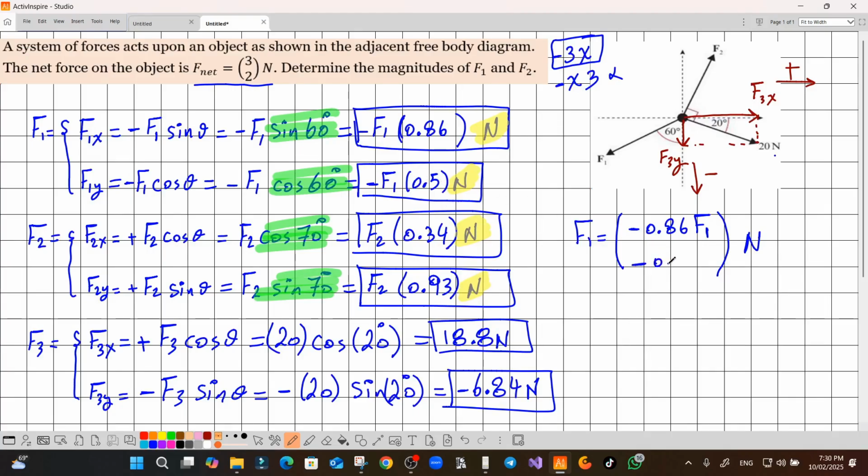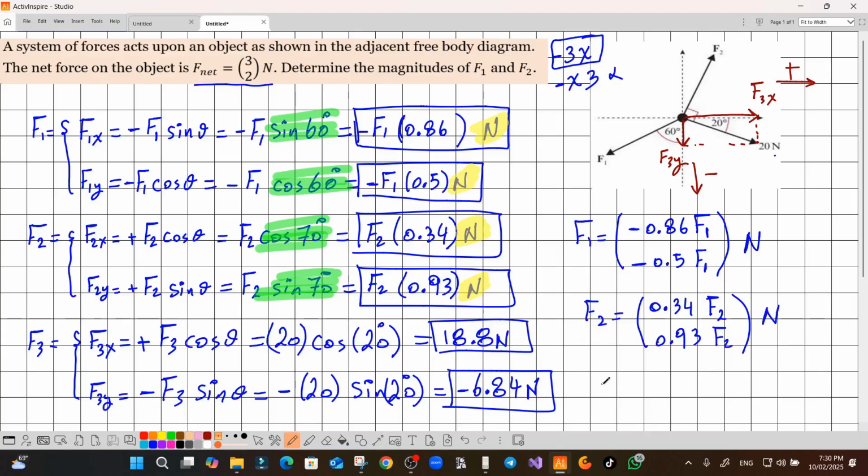Now, what about this one? Again, this is minus 0.5 multiplied by F1. So F1 here and there are unknown. Now, what about F2? I will follow the same thing. F2 multiplied by 0.34, I would write it as 0.34 F2 and 0.93 F2, close it.